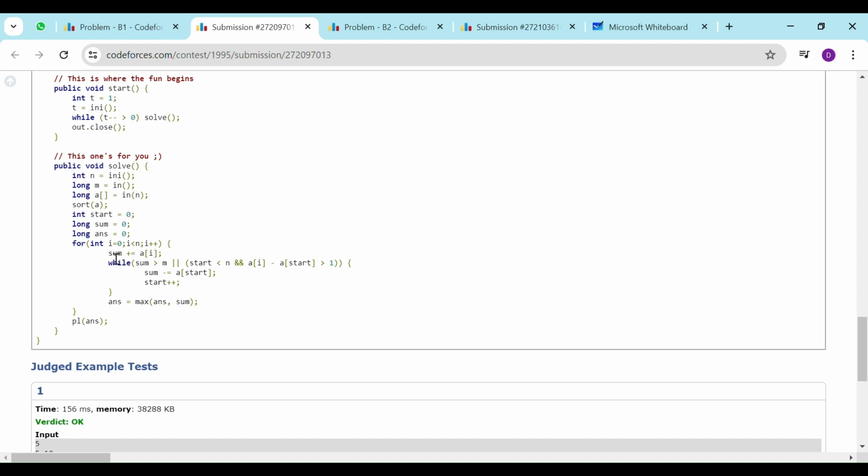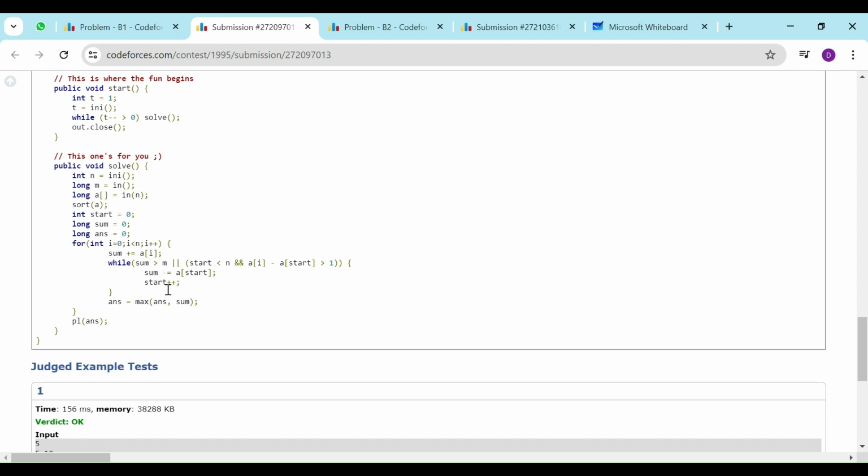I have picked the ith element. Now, if my sum is more than m or the difference between my start and end is more than 1, I will have to trim my start pointer, and once I get a suitable subarray, I initialize the sum to the answer and take the max of all of those possible answers.